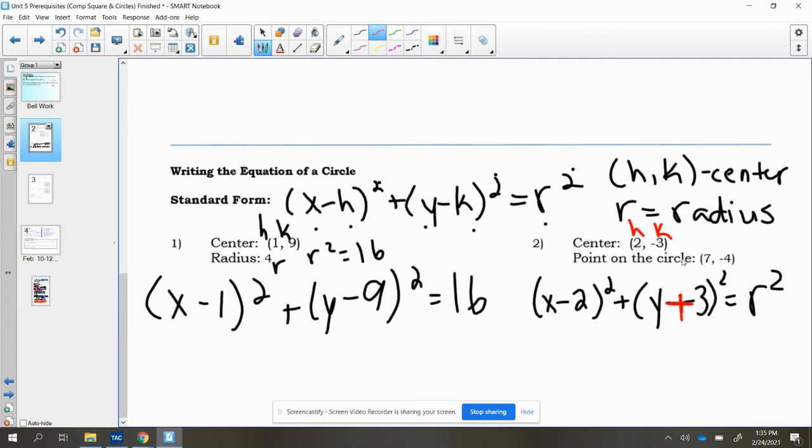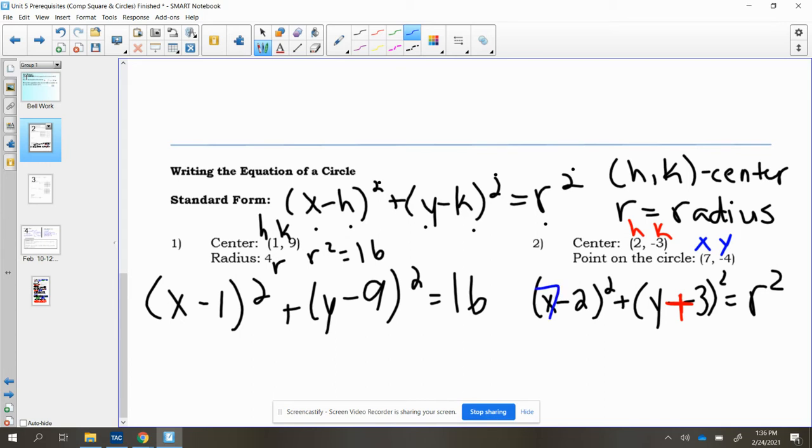Now, to help us find the value for r squared, you could use the distance formula between these two. But to save yourself some work, instead of plugging in for the distance formula and finding all that and memorizing that, what we can do instead is say, okay, if this is a point on the circle, it's going to satisfy this equation so that the left-hand side equals the right-hand side.